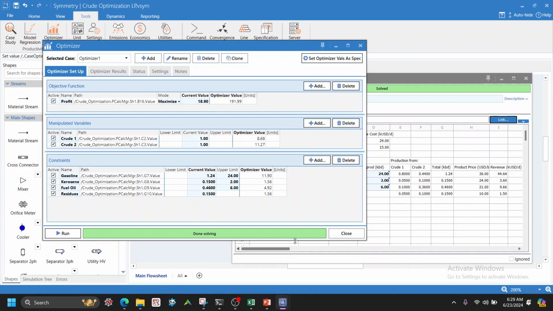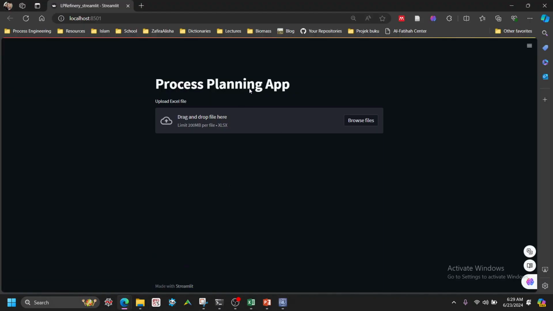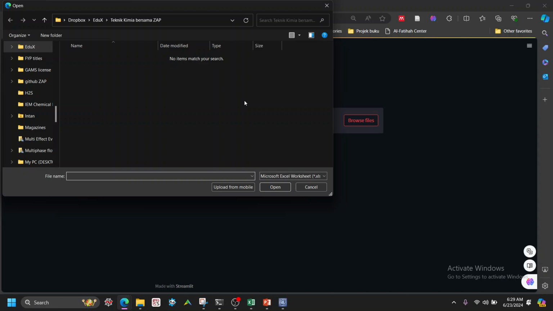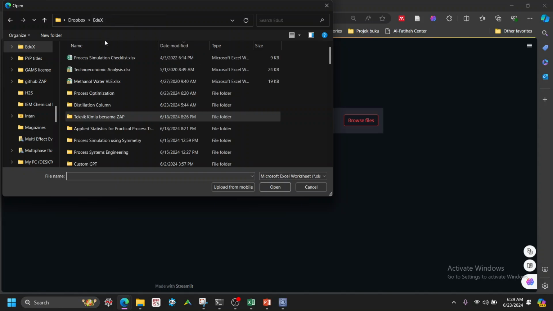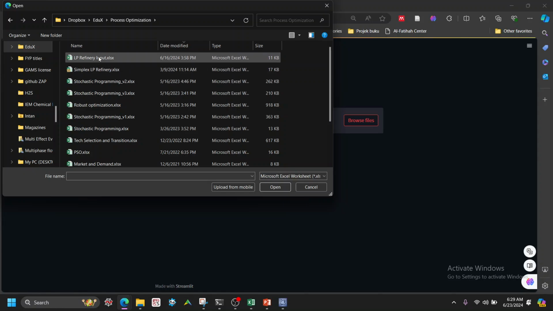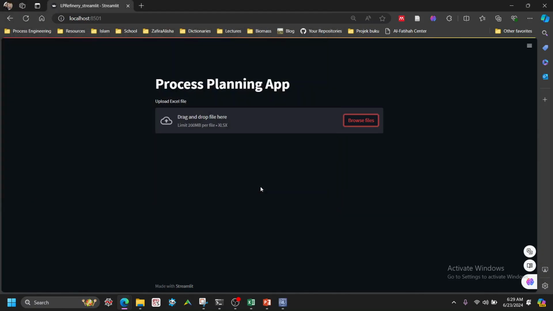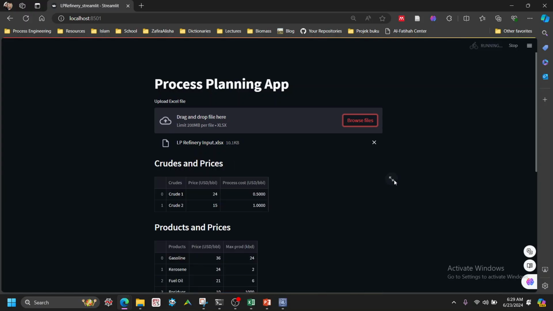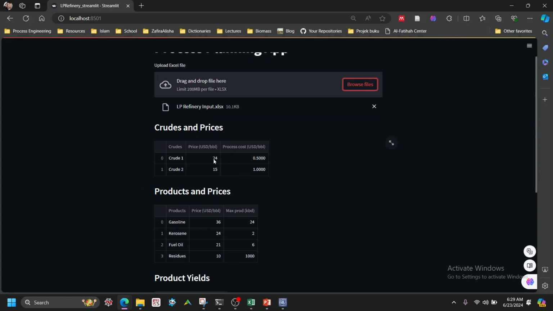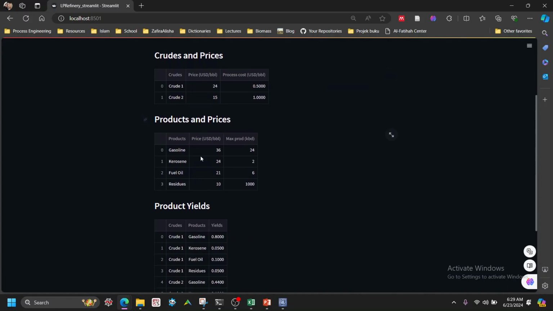So I use the GLPK solver in Python, and then I put this Streamlit stuff. So if I have the same input file, we can see the crude one is this in the price, then the processing cost, and then the product price, and also the maximum number.